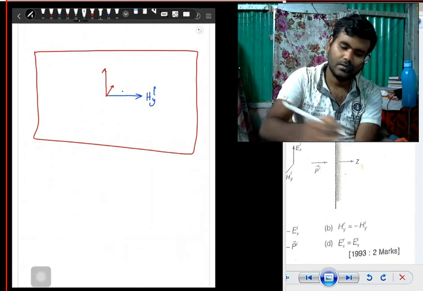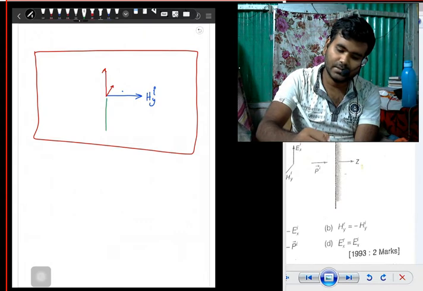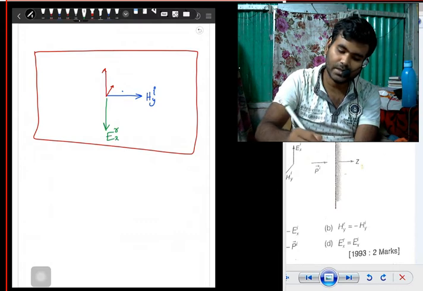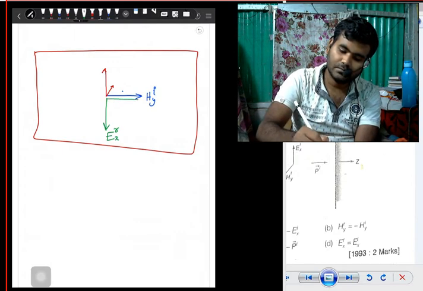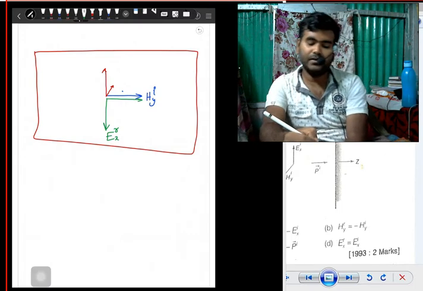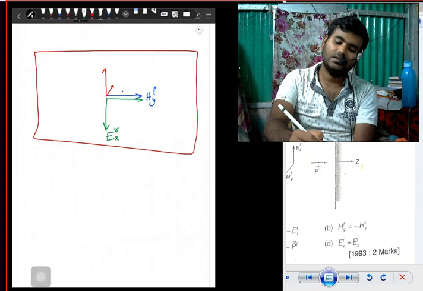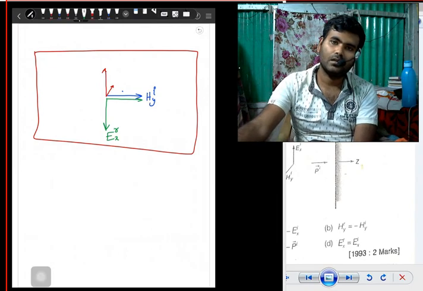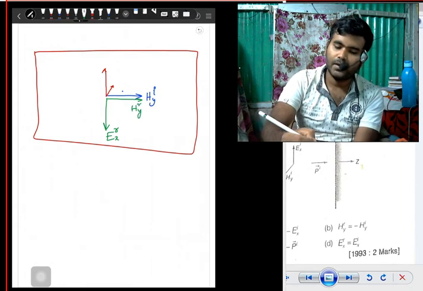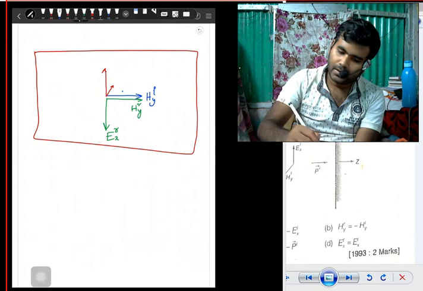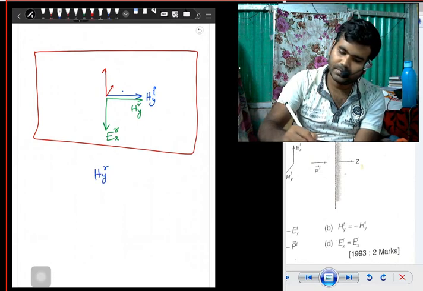We have already seen the reflected electric field E of R x, and the surface current will produce some magnetic field in the same direction. So this is H of y r, and you can see that H of y r is equal to H of y I.